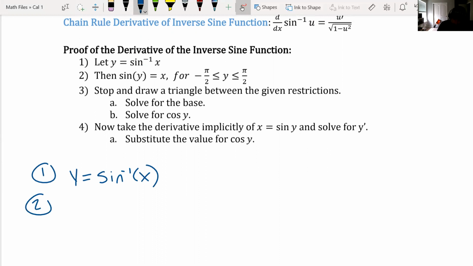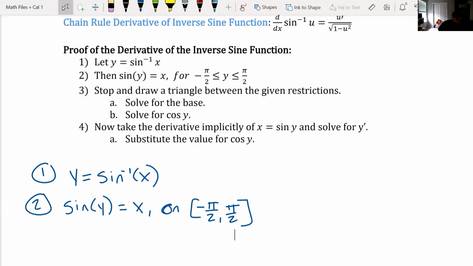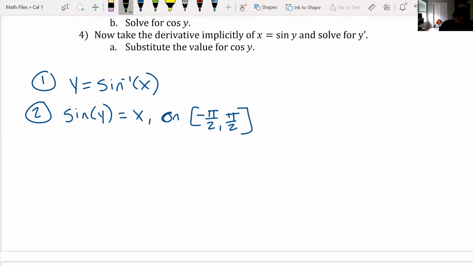Step 2: just like the above examples, we compose both sides with the sine function. So now I get sine y equals x, of course, on the restrictions negative pi over 2 to pi over 2. Step 3: draw a triangle.